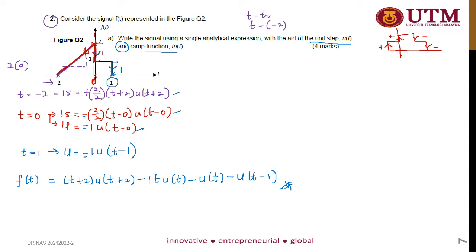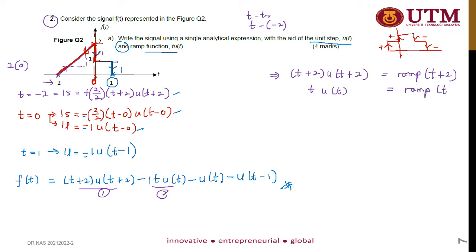So again, identify the components that you have in ramp function. In this case, you have two components with ramp function. The first one is (t + 2)u(t + 2), so this is equal to ramp(t + 2). And then the other one is t·u(t), so this is equal to ramp(t).